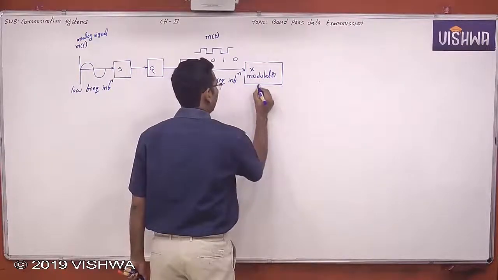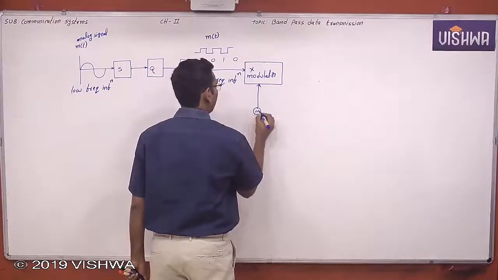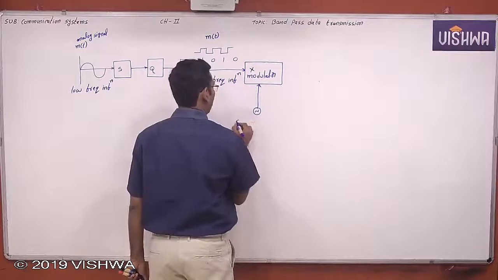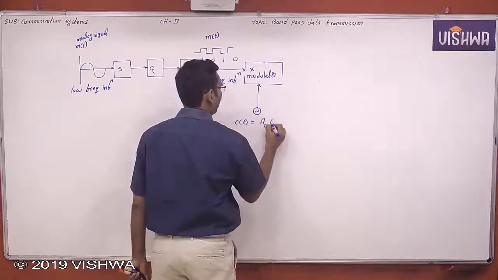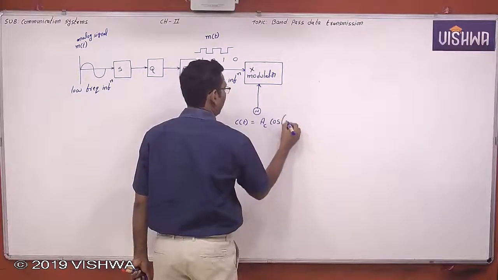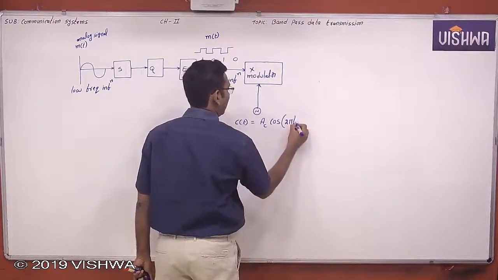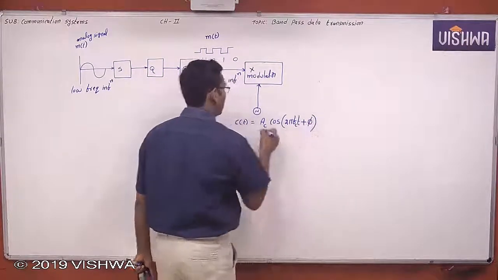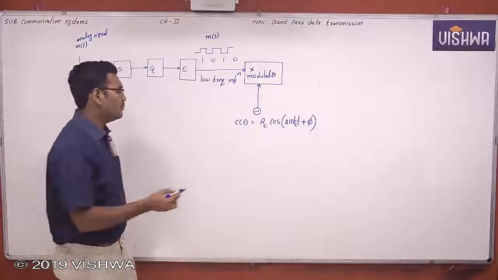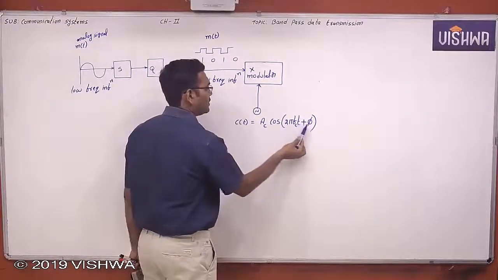Now I take the help of an analog carrier here. What are the characteristic parameters of the analog carrier? Amplitude, peak amplitude AC, frequency FC, and phase phi. These are the characteristics of an analog signal: amplitude, frequency, phase.